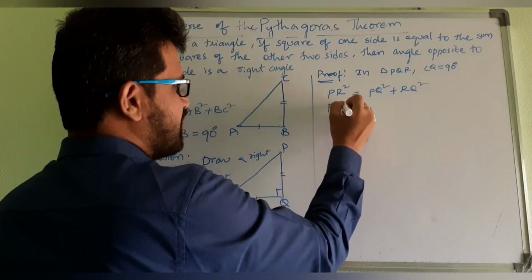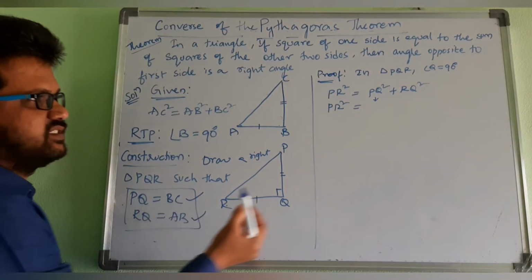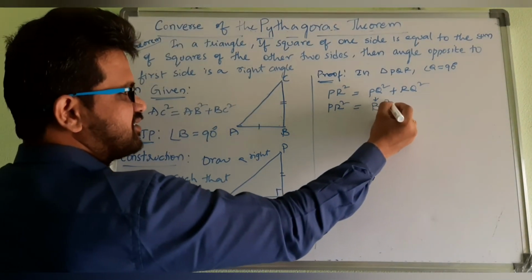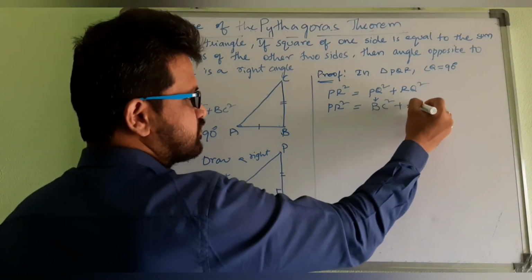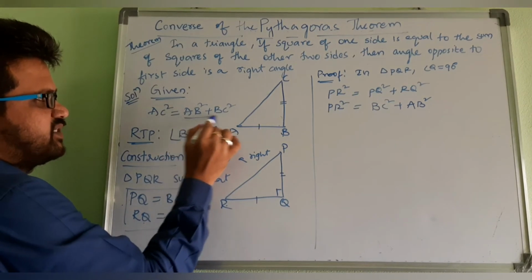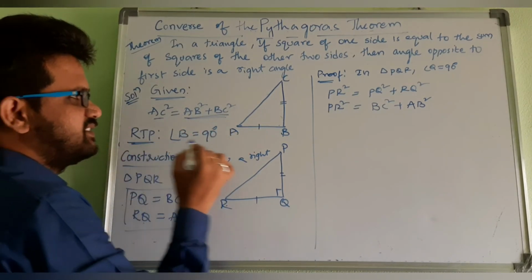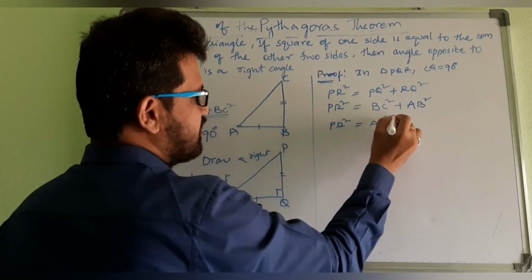So PR square is equal to BC square plus AB square. But what is given? AB square plus BC square is nothing but AC square. So PR square is equal to AC square.